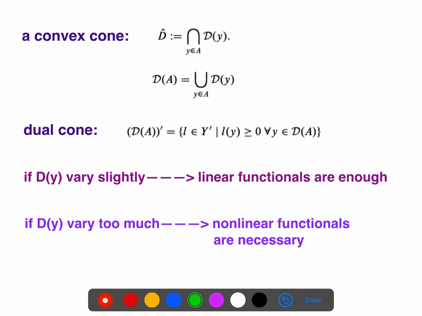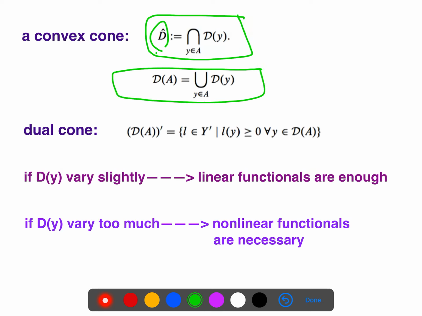So the intersection of all of these set valued maps is a convex cone, and we call it D hat. You can also take the union of all of them and the dual cone.